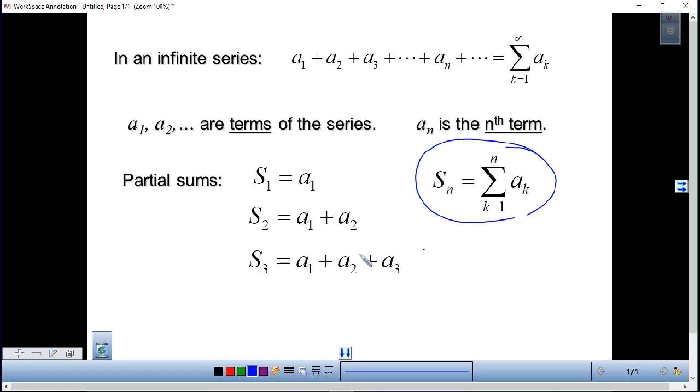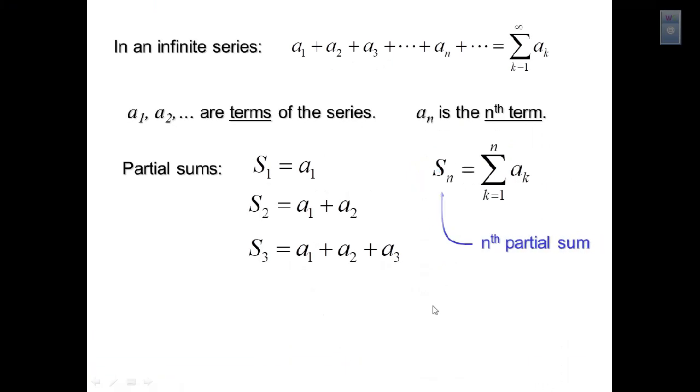Now, if we don't have the n here at all, then that's the infinite sum. And that means that this would have to go to infinity. So that's the difference in the notation. That is called the nth partial sum, where that n is a number.